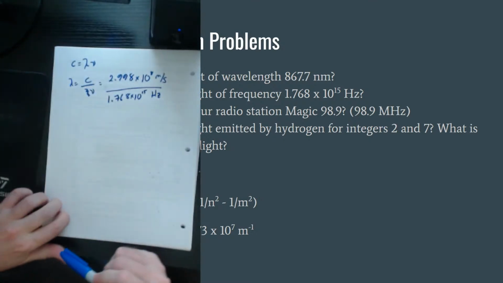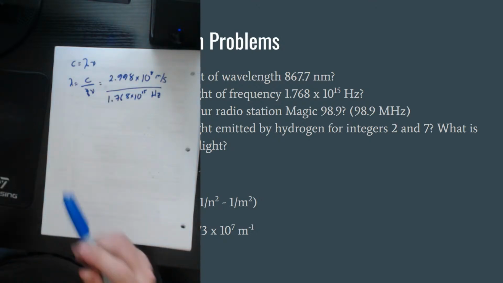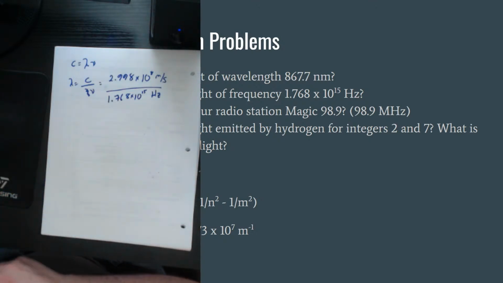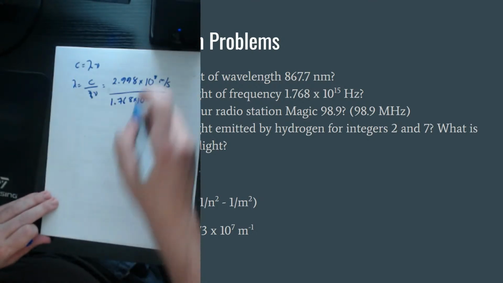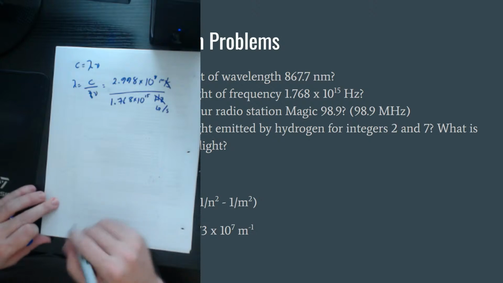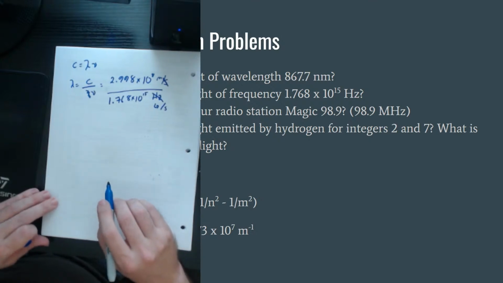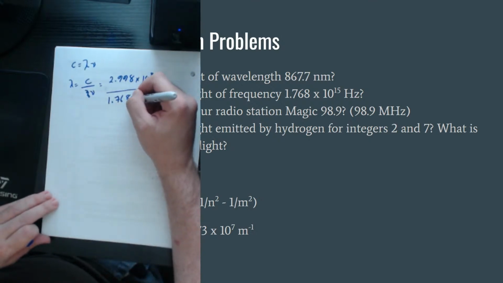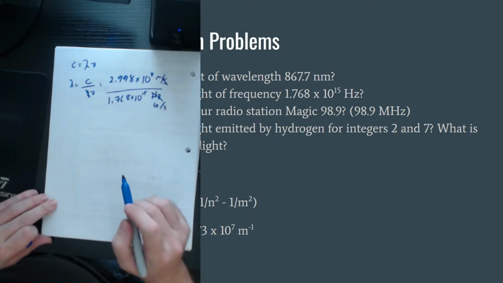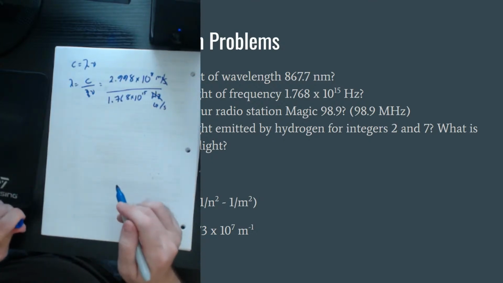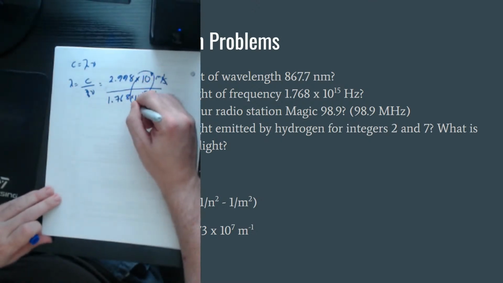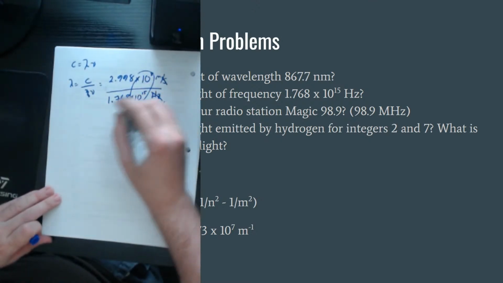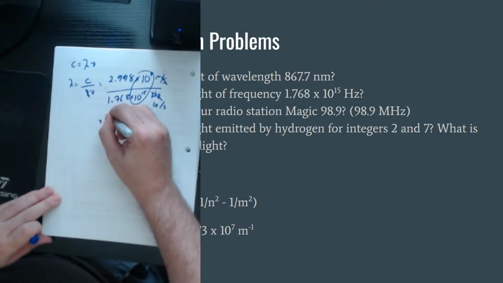Do you have to do anything for the units? Not really, because hertz is the same thing as per second, so they cancel out. All you have to do is 2.998 times 10 to the 8th divided by 1.768 times 10 to the 15th, or 10 to the negative 7th, and then it's just 2.998 divided by 1.768.